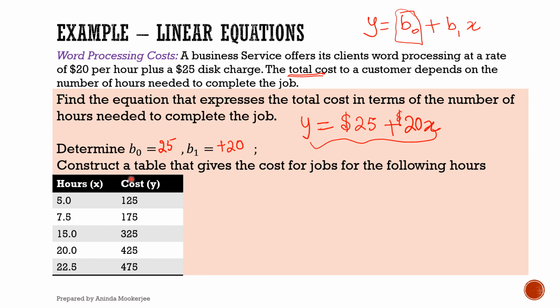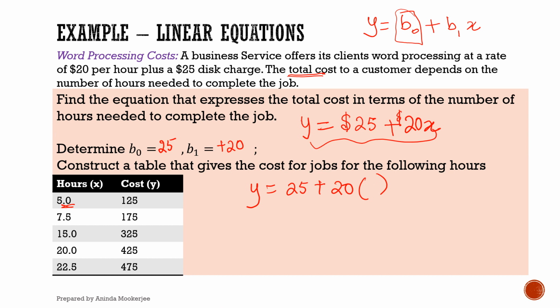And then it says construct a table that gives the cost for jobs for the following hours. And this is already calculated. Hours represent x, so that's the input value. We plug in 5 into the equation. So to find the cost when the number of hours used is 5, it's going to be 25 plus 20 times 5.